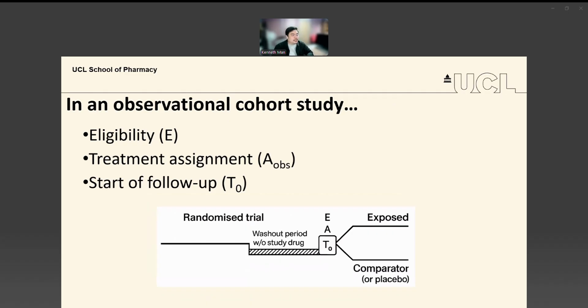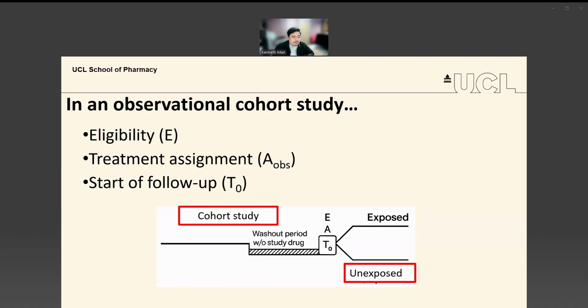So we would like to have something similar in observational studies, but sometimes we do not have a placebo and we can't estimate a placebo with the observational data. So in some sense, we may have to change it to the unexposed group. And ideally, if we are able to align all these three components to the same time, then this observational study is very similar to what we have in randomized trials.